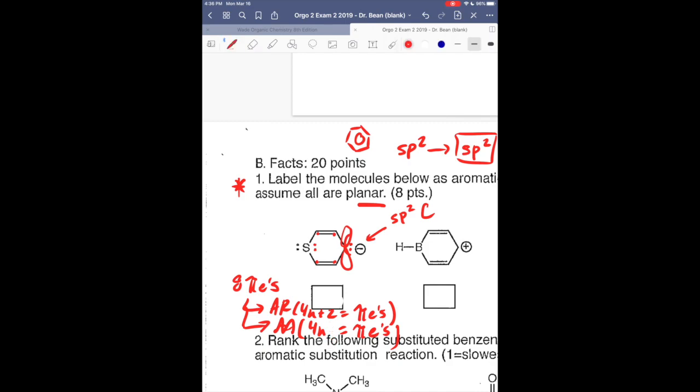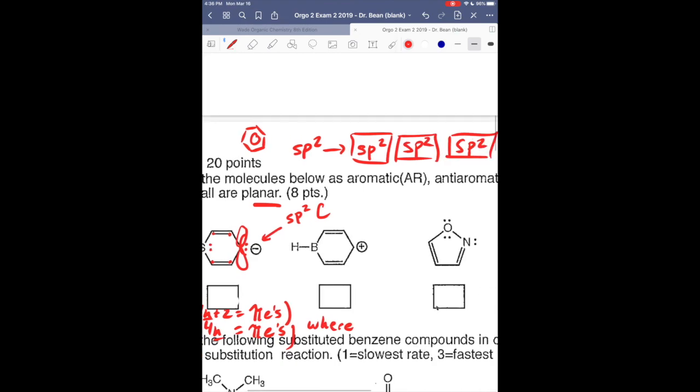So what you want is for n to be a full integer, where n equals 0, 1, 2, 3, and so on.